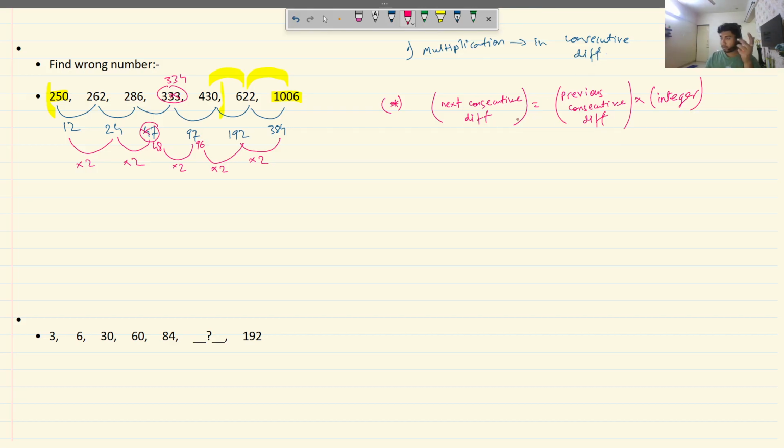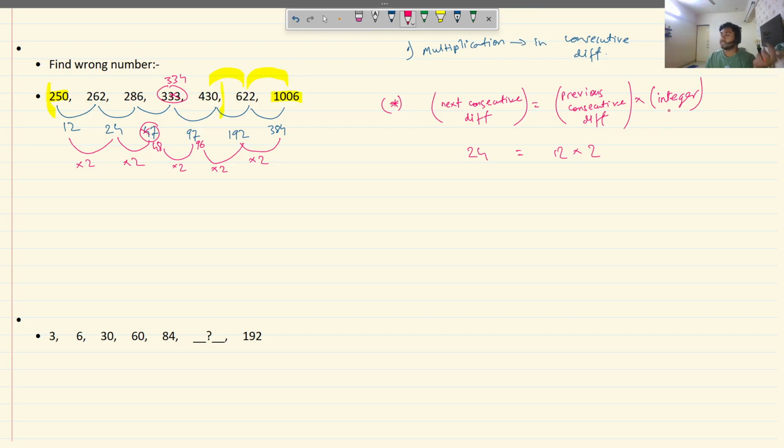So what I mean by this is that if my consecutive difference is 24, it is equal to my previous consecutive difference times something. Previous consecutive difference with respect to 24 was 12. 12 into 2. This is what I mean. And of course, not to say that this integer for this case is 2.